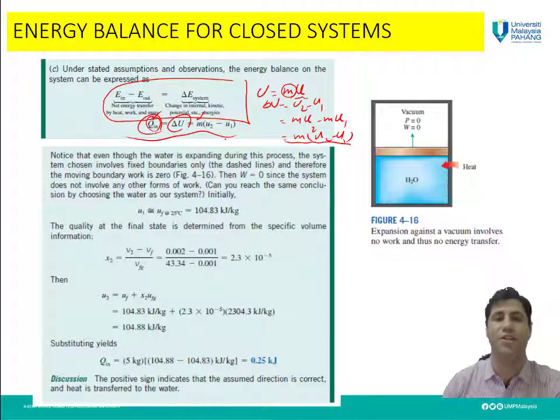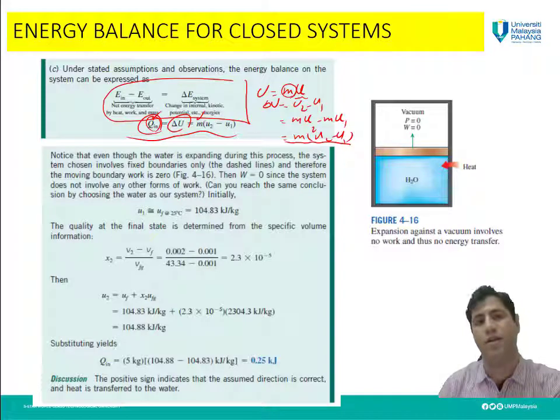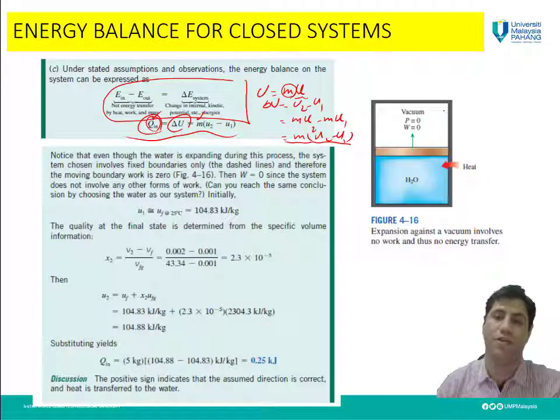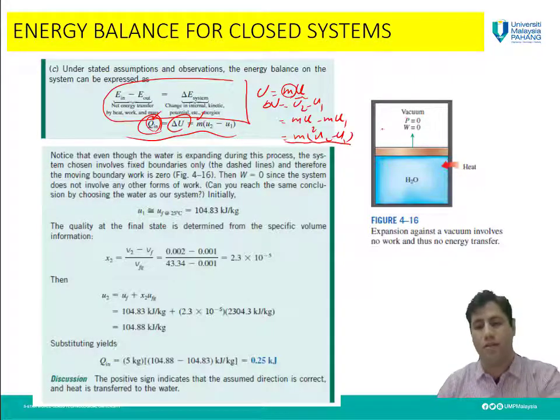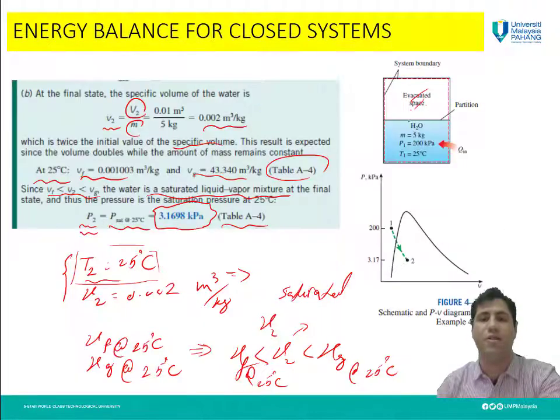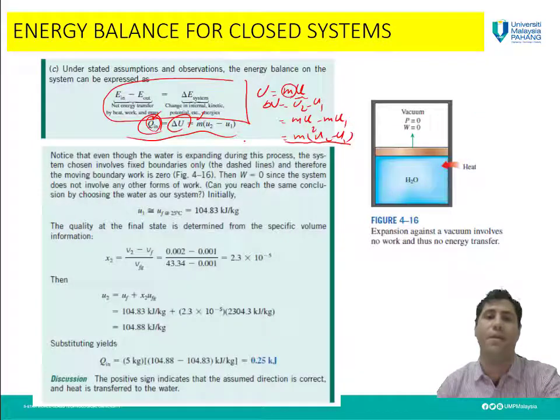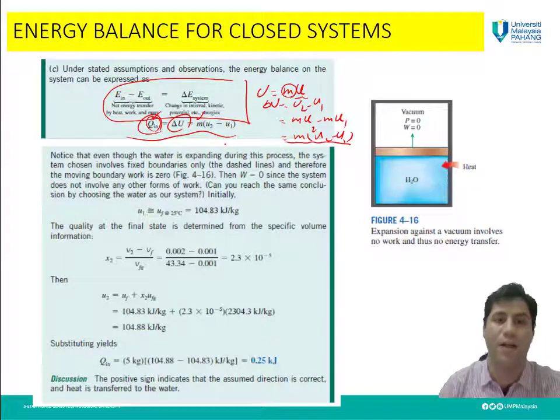The internal energy of the system, or the water. Actually, what we have in our system is only water, because in the initial state this part is evacuated. In the final state, this part is filled with the water.